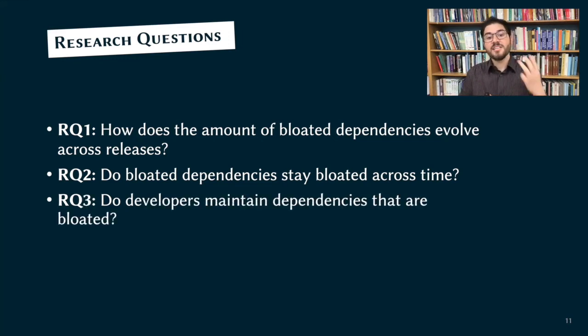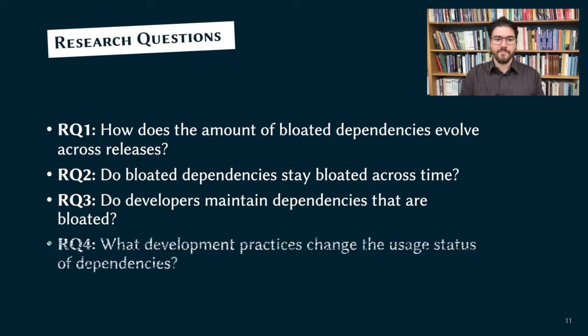Our third research question focuses on the unnecessary maintenance effort induced by bloated dependencies. In particular, we investigate how often developers modify the POM files to update dependencies that are actually bloated. In the last research question, we expand the quantitative analysis of the status of each dependency and perform an in-depth analysis of the causes of dependency bloat.